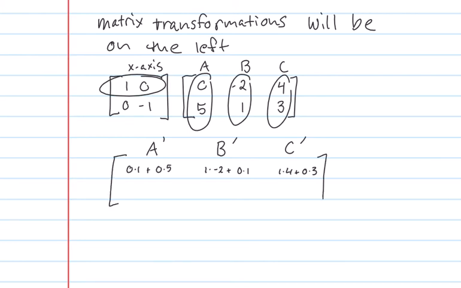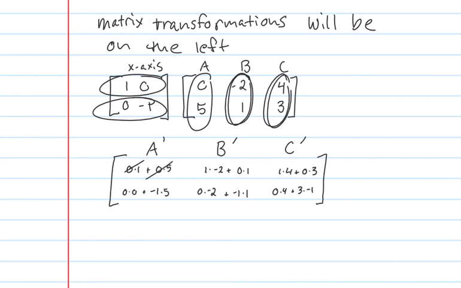Alright, and then I can do that again for the bottom. Scoop and pour, 0 times 0 plus negative 1 times 5. Scoop and pour one more time. 0 times negative 2 plus negative 1 times 1. And then lastly, 0 times 4 plus 3 times negative 1.